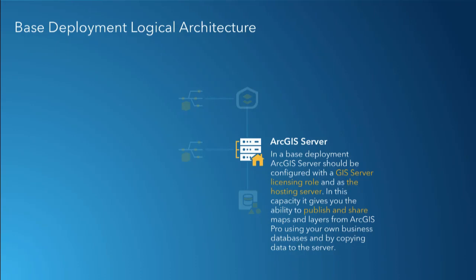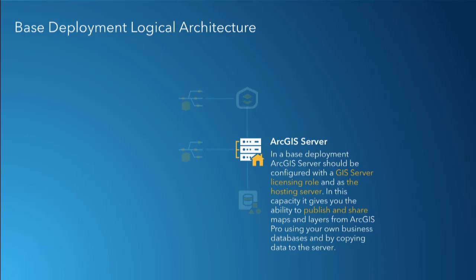The base deployment then has this thing I keep referring to, the hosting server. It's licensed as a GIS server, which means that it provides the ability to still publish out your own map services and feature services and geoprocessing and geocoders and whatnot. What it also supports is that self-service mapping, right? So I talked about dragging and dropping a CSV file onto a map.